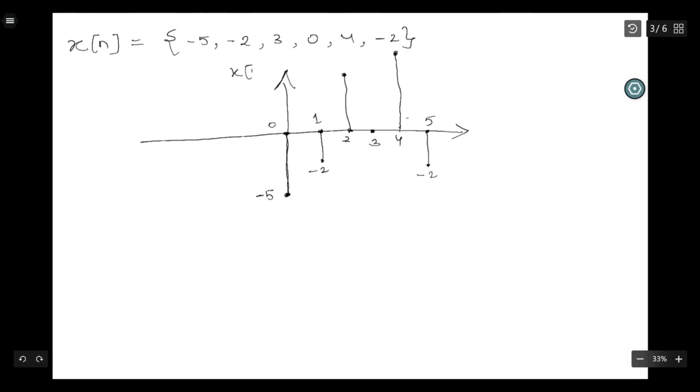This is the plot of x of n. This is the discrete time signal graph of x of n.